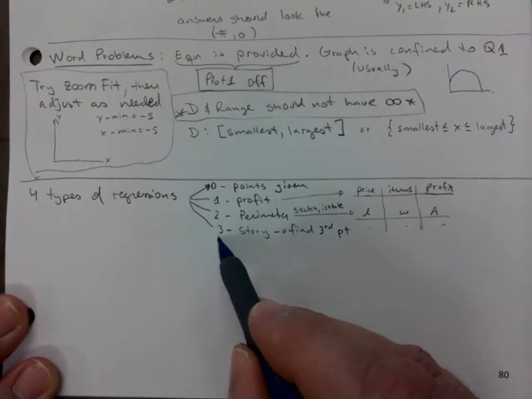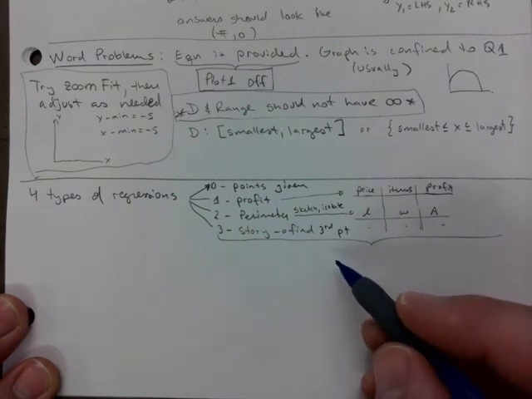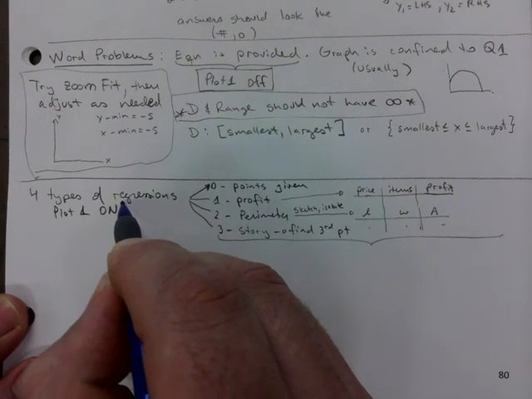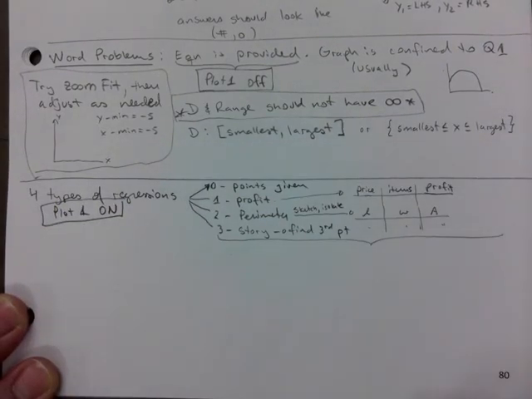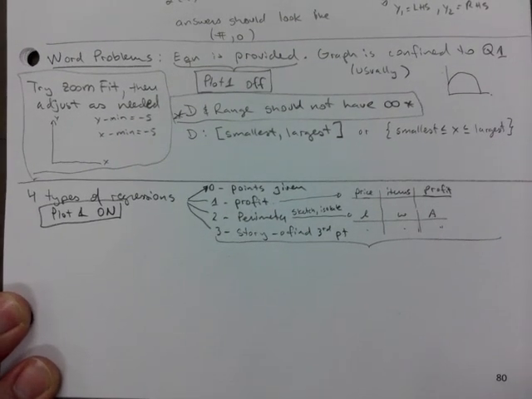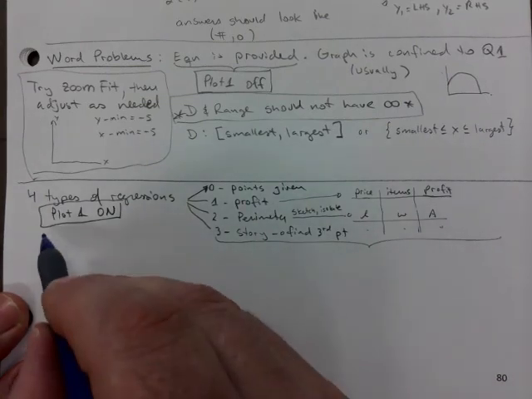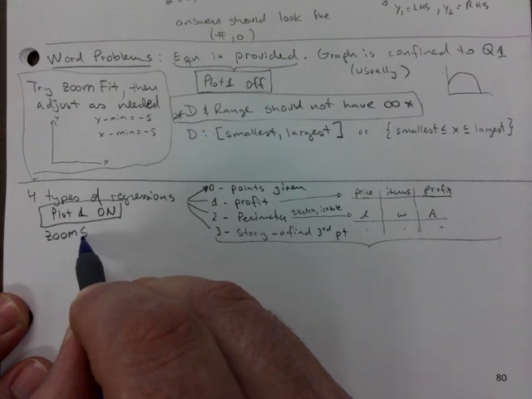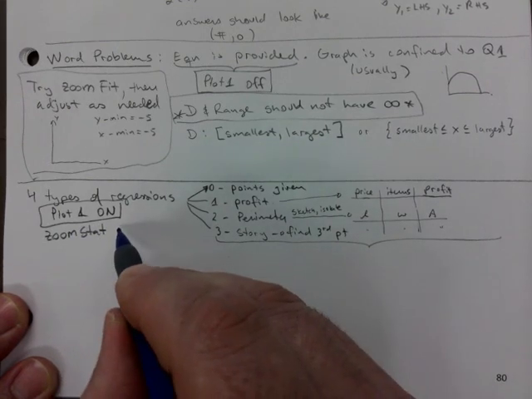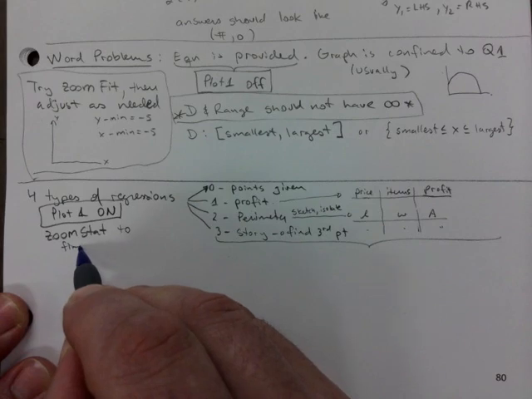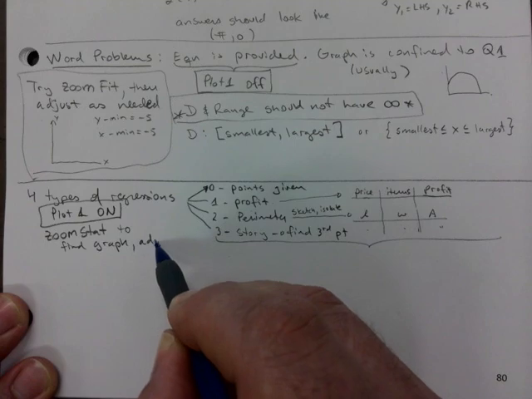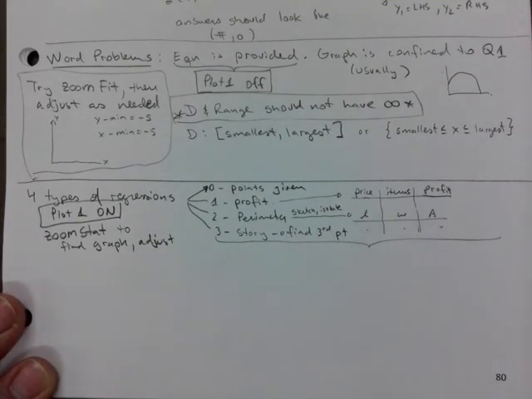So for all of them, I would say plot 1 is on. Plot 1 is on, and I will say this, plot 1 is on if you're planning on using Zoom Stat. If you're not planning on using it, then it doesn't really matter. To find graph, basically. Then adjust. You have to adjust because it doesn't solve all your problems.